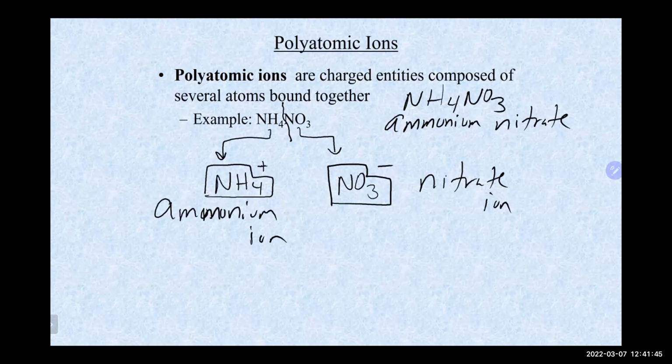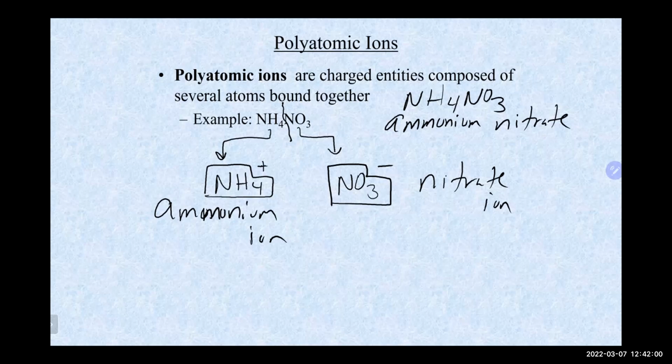Now, when we deal with polyatomic ions, as we will see in just a second on this list of polyatomic ions, and you have one in your book and so forth, for the most part, most polyatomic ions are negatively charged.